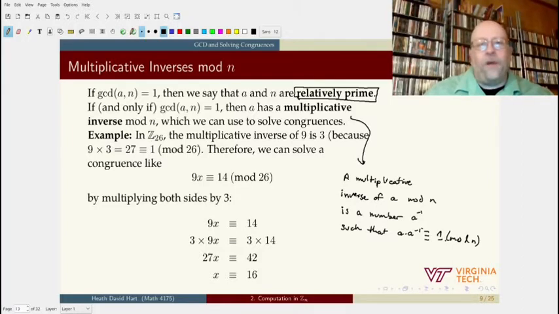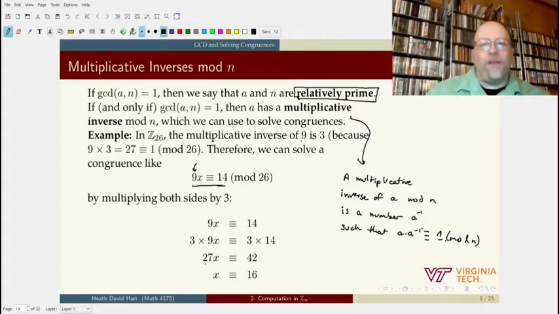So in Z mod 26, the inverse of 9 is 3, because 9 times 3 is 27, and 27 is congruent to 1 mod 26. And so if I want to solve a congruence involving a 9 on the left side, I can multiply both sides by 3. 9x is equal to 14. 3 times 9x is 3 times 14. 3 times 9 is 27. 3 times 14 is 42.